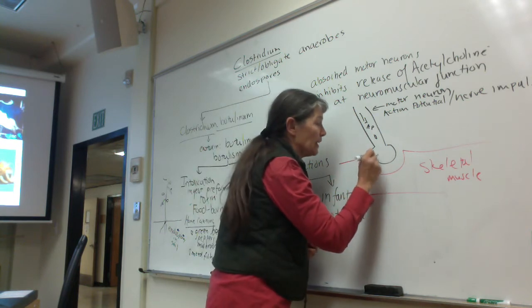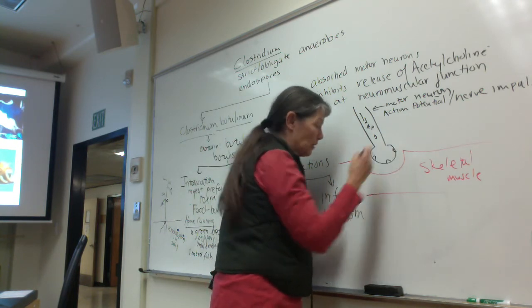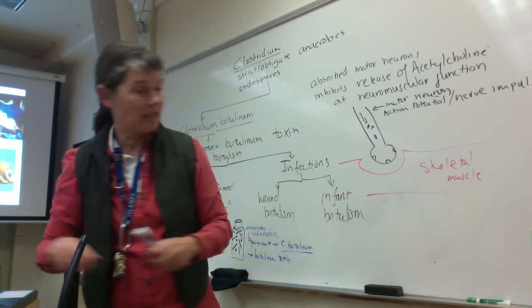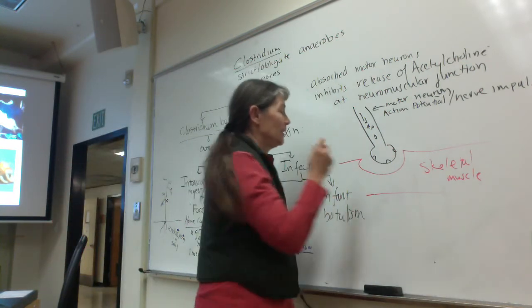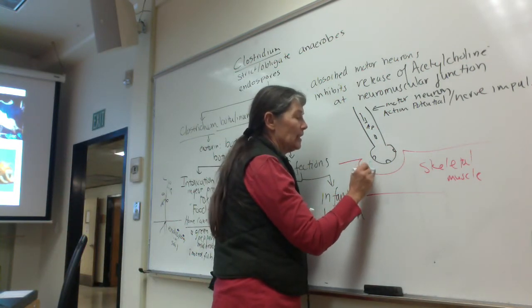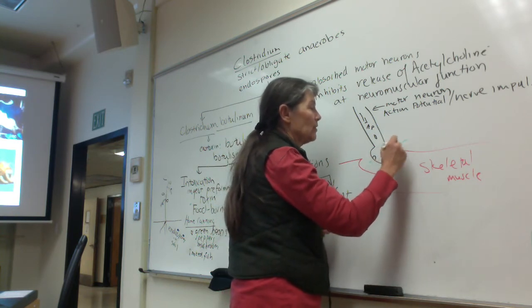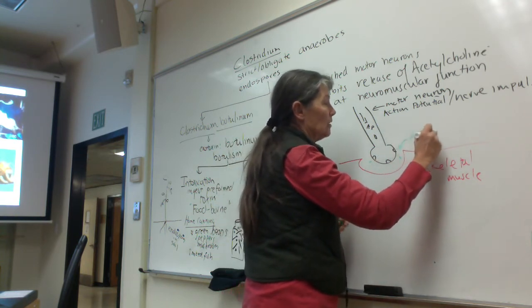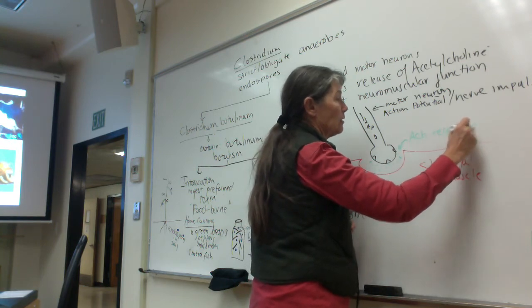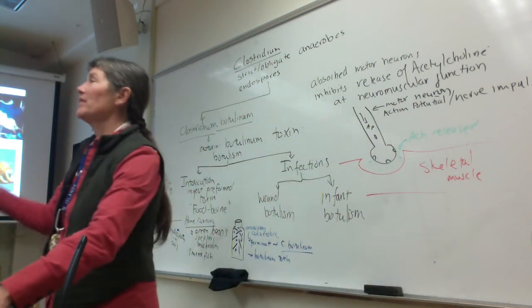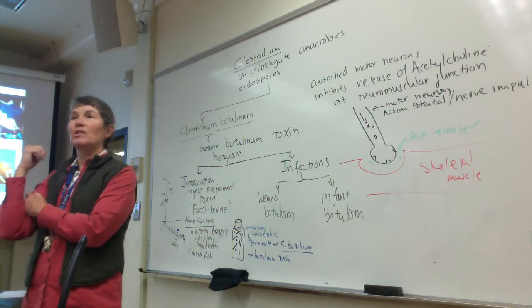So when that nerve impulse gets down here, these little vesicles chock full of acetylcholine, I'll use green, are going to get released. And then the acetylcholine is going to bind to receptors on the skeletal muscle cell, and that will trigger all the amazing events that lead to muscle contraction.